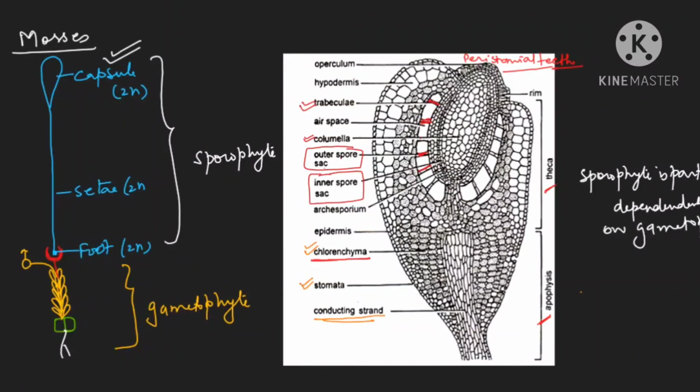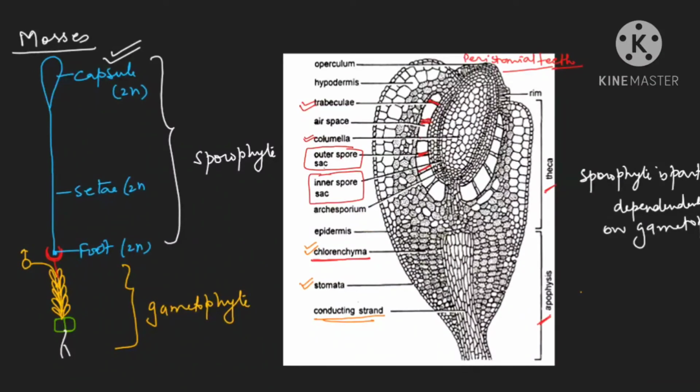There is no proper vascular tissue, please. You know very well that bryophytes are atracheophyte. They don't have vascular tissue. So it is nothing, it is xylem-like. We say it is behaving like a xylem. So we will say it is a conducting tissue only. We will not use the xylem term.